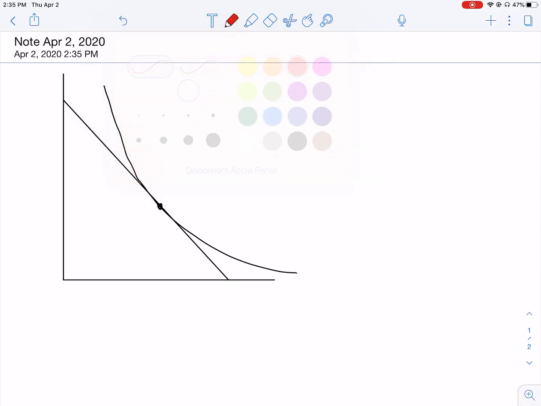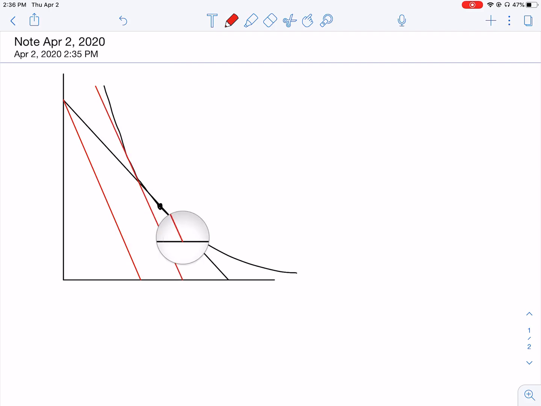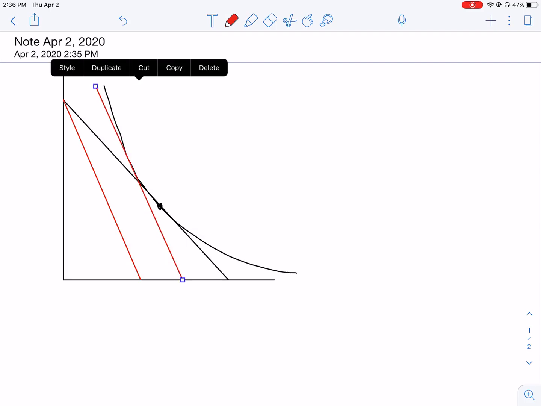Then suppose the price changes to this one, and then we can think about the substitution effect and the income effect, right?